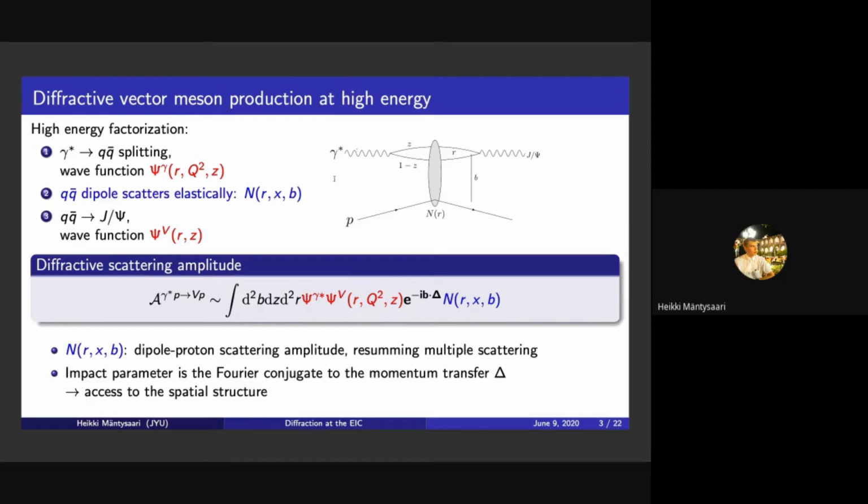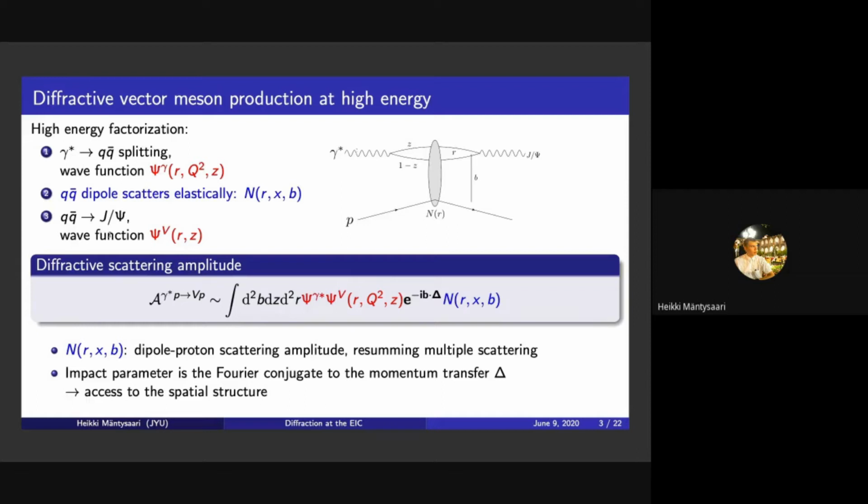Okay, and then after this scattering, I still have to form my final state, which usually is the J/psi, and this requires some modeling because we cannot really compute the vector meson wave functions, but there are some phenomenological models for that. So from these steps you can already construct the scattering amplitude for such a process.